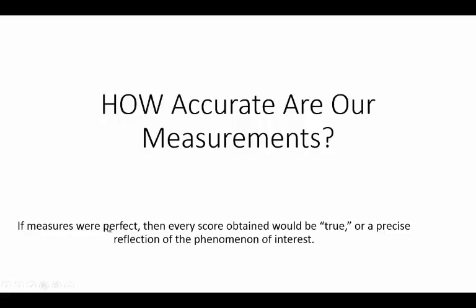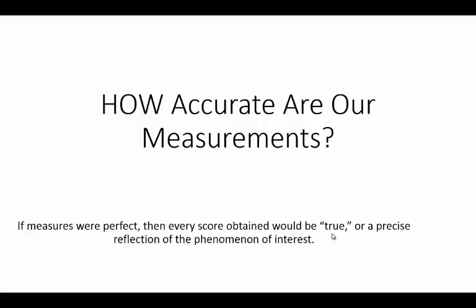So if measures were perfect, then every score would be a true score, or a precise reflection of the variable of interest or the phenomenon of interest. However, as you all know, nothing is perfect. So with every measure, there is a margin of error.